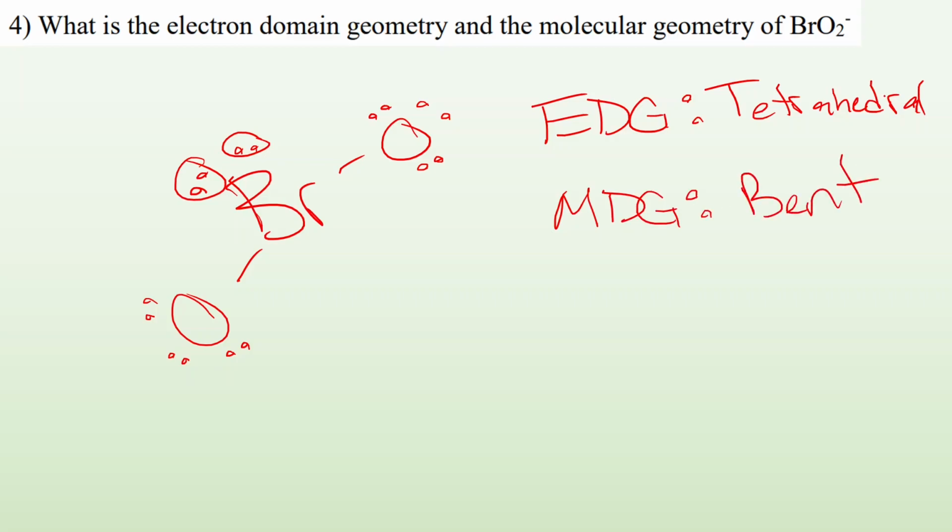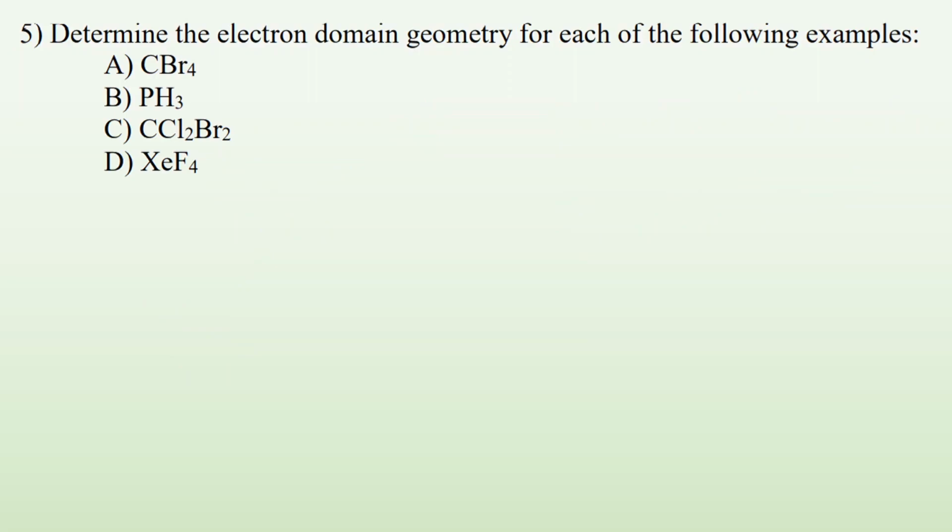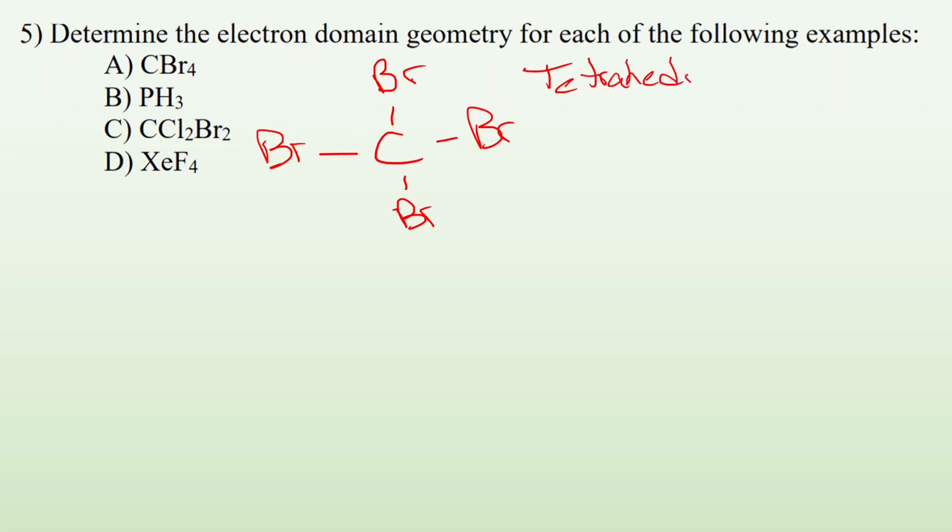There you go. Number 5, determine the electron domain geometry for each of the following examples. All right, so CBr4 is going to be pretty straightforward. We got 4 bonding domains and no non-bonding domains. This shape is tetrahedral for both because there are no non-bonding domains. PH3 is going to look like this.